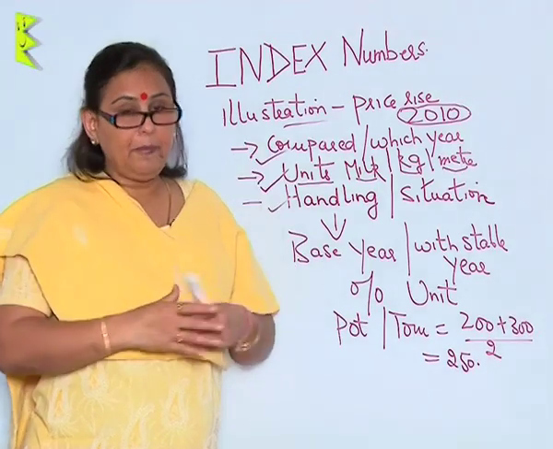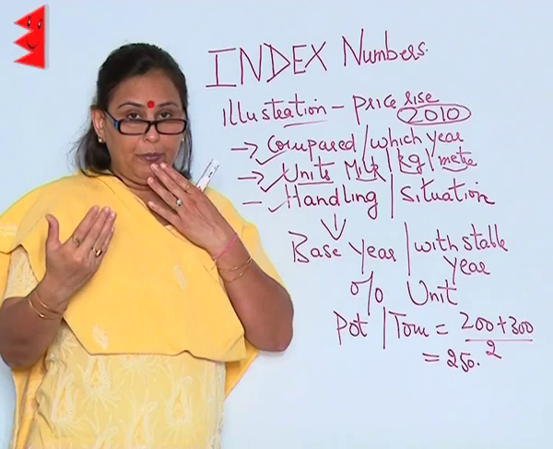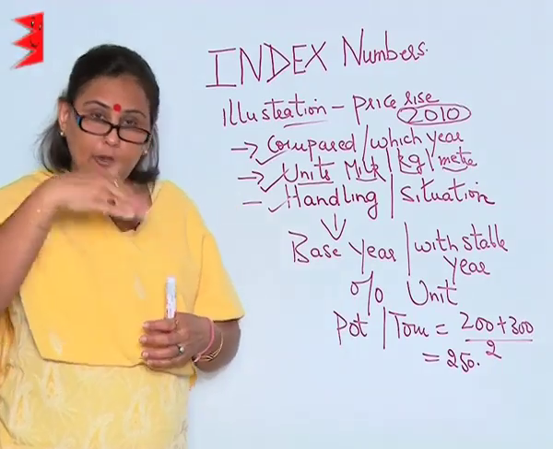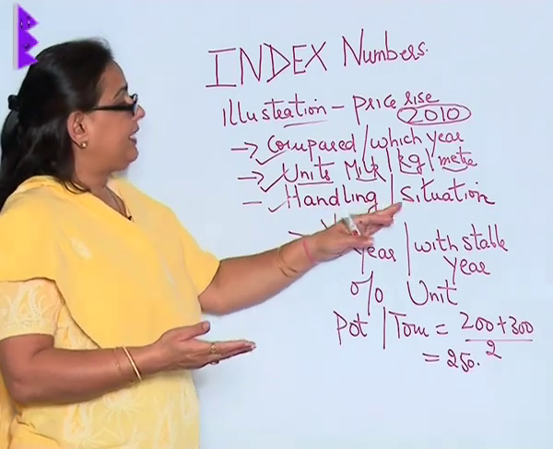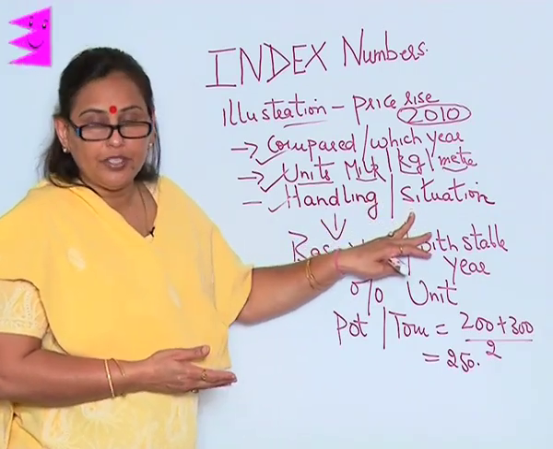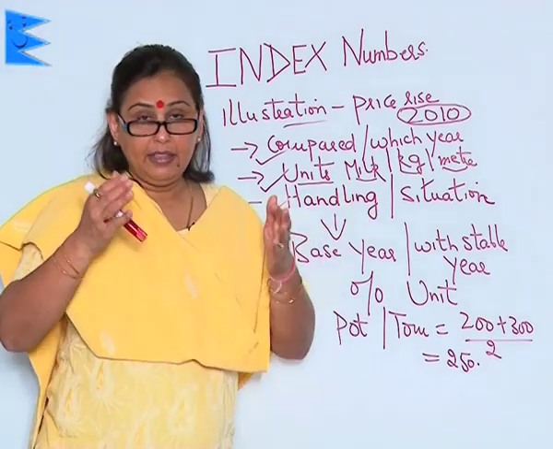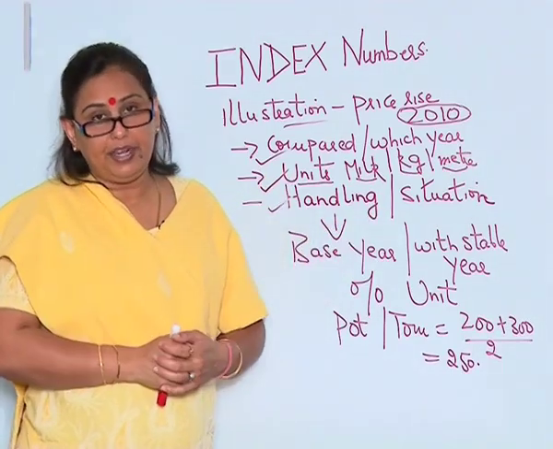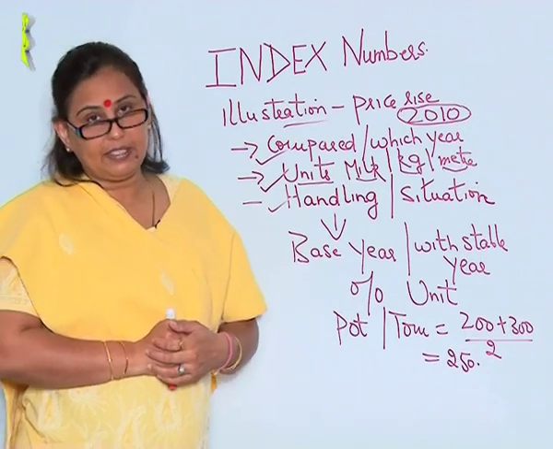There could be a steep rise of prices of a particular commodity, and there could be a comparatively low rise, or there could be no rise at all. But overall, it is a price rise situation. So, how do I handle this situation when the prices of different commodities are rising at various levels?